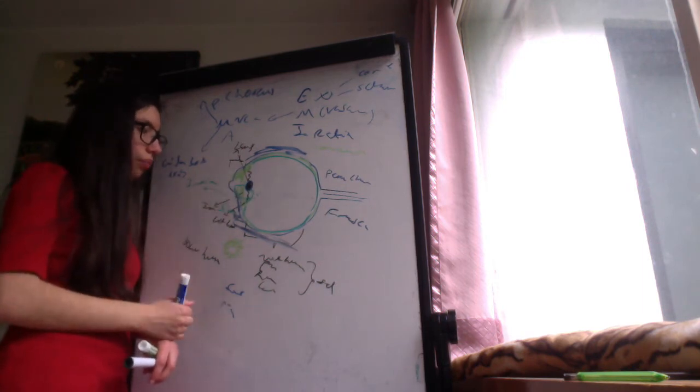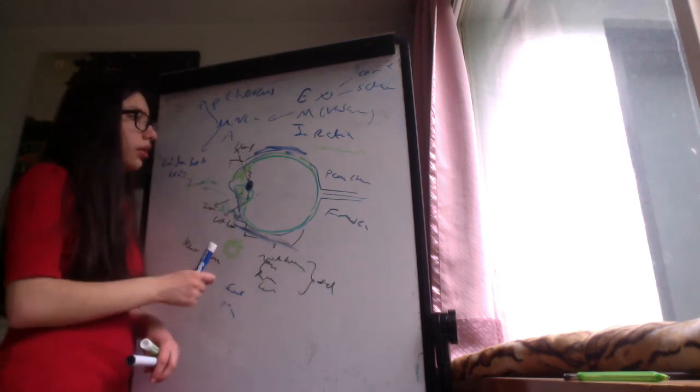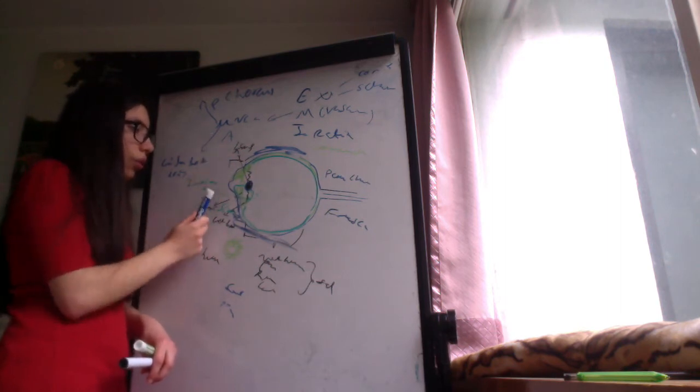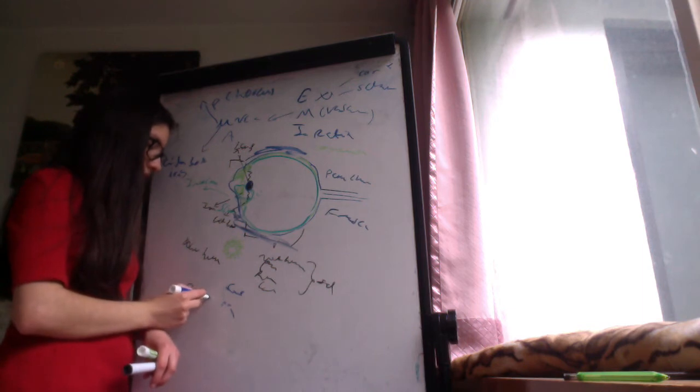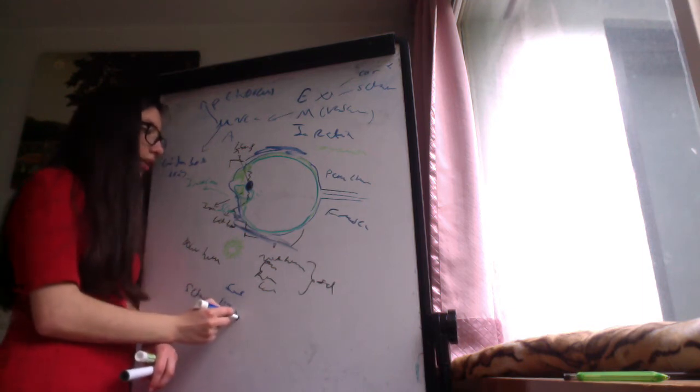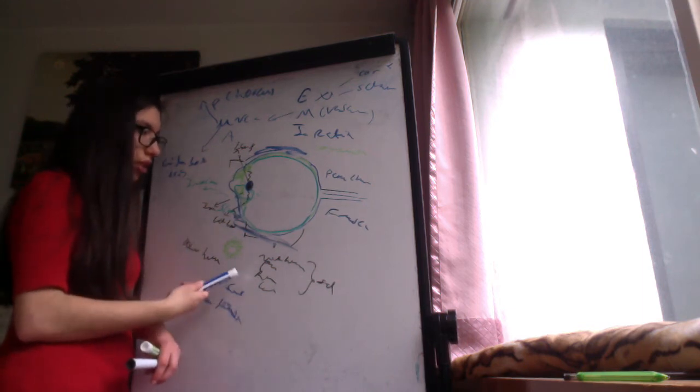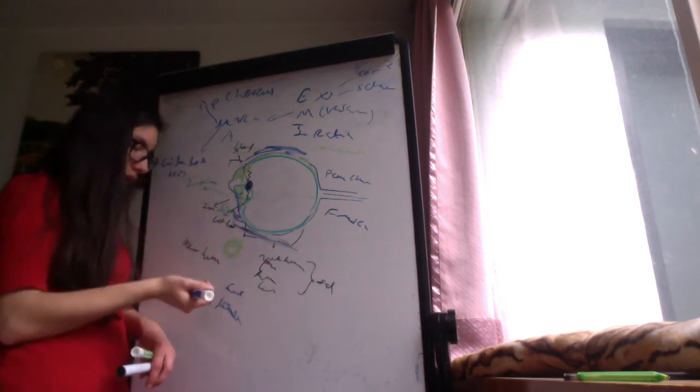Alright, so on the junction between the sclera and the cornea, this is the sclerocorneal limbus, and there are the regenerative cells of the cornea.